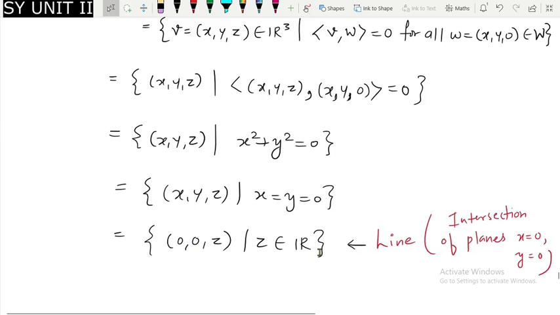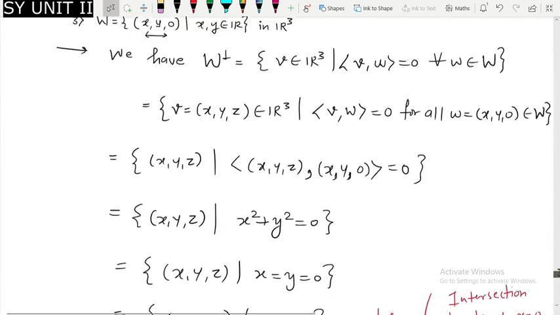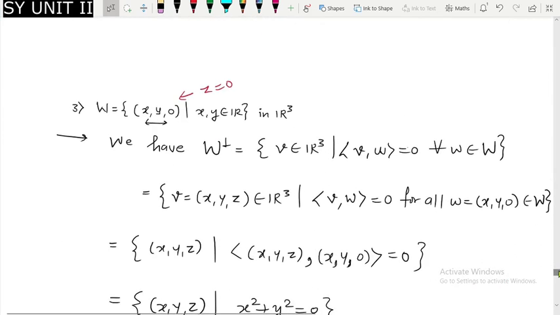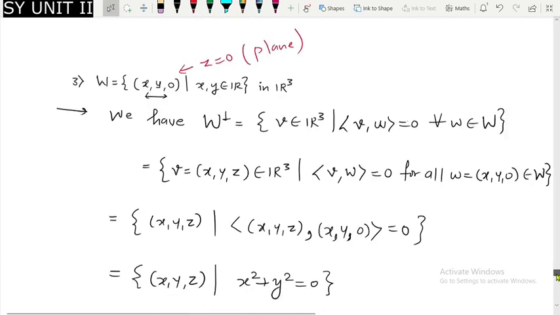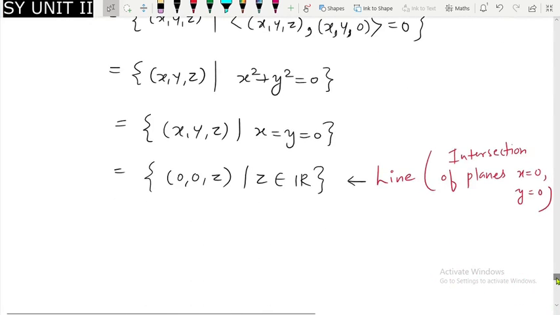And you know the intersection of two planes is nothing but a line. And over here, z is equal to 0 is nothing but a plane, because only one coordinate is 0 there, and here two coordinates are 0. Therefore it is the intersection of two planes, that is x is equal to 0 and y is equal to 0, and you know that is nothing but a line. So that's all about the examples on orthogonal complements.